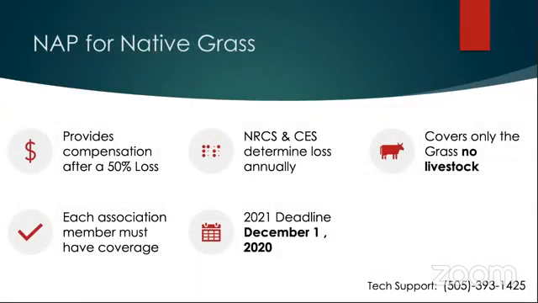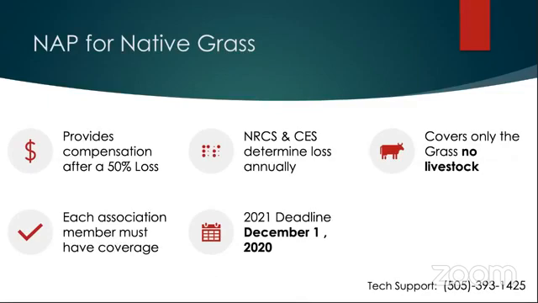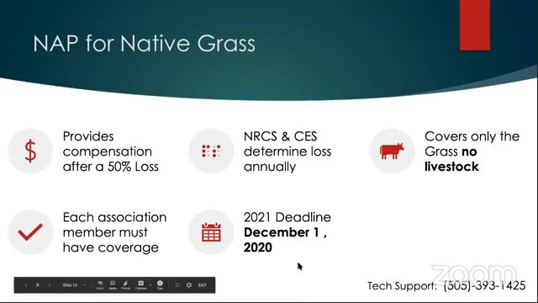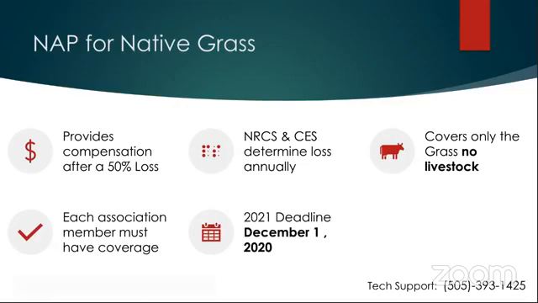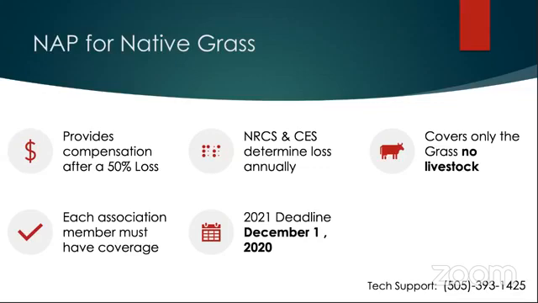My whole presentation is focused more on our ranchers. If there are farming questions, I can answer those at the end of the presentation. But we do provide NAP for native grass, which is going to be your rangeland out there. These are some big things to keep in mind with this program. We don't start providing compensation until after a 50% loss.